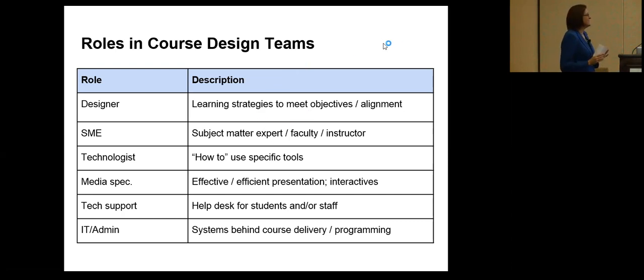And then the media specialist, I think about it as presentation of content. So if you have a video or a visual or you're going to create some kind of table or graphic, you might need someone that has expertise in creating things for presentation on the web to make sure all of the students can view it and use it. So that's kind of the way I categorize that.